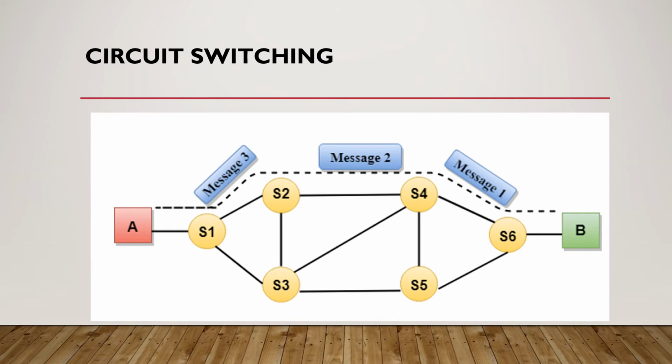So the path between A and B for message transfer is from A to S1, then S1 to S2, then S2 to S4, S4 to S6, and after that B. So this is the path between A and B, which is always followed by all messages transmitted between A and B.